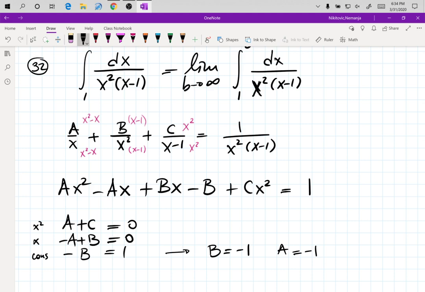No, yes, a is negative 1. So negative and negative will make a positive, and then minus b, yeah, minus 1. Good. And c is positive 1. Good.